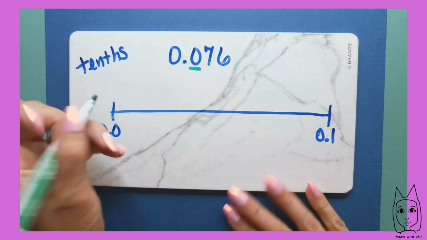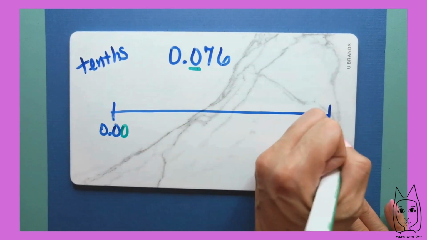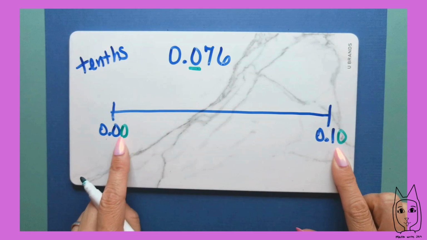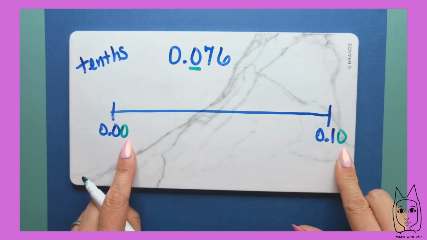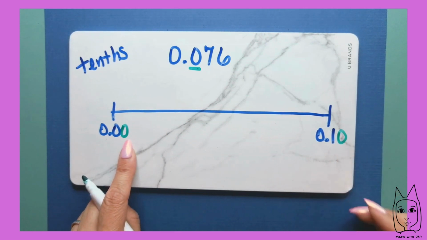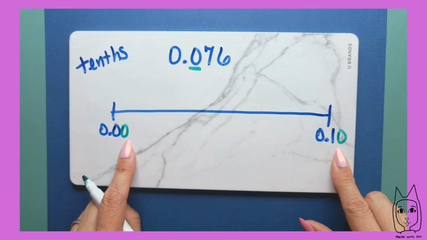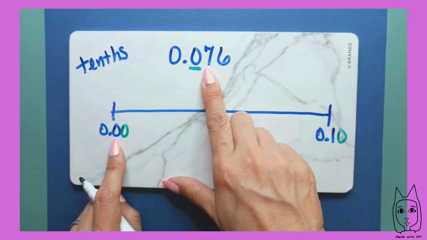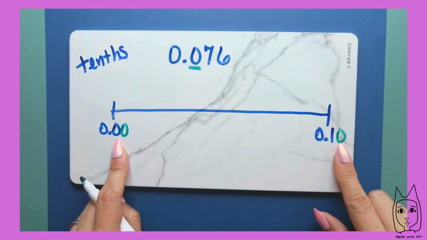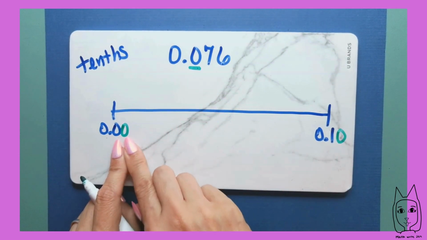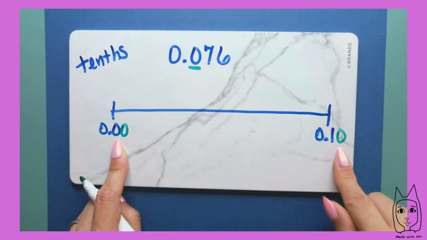So I'm going to add a 0 to the end of both of these numbers. Remember, when we add a 0 to the end of a decimal value, it's just helping us talk about that place value, but it's not changing the value of the number. Because I'm looking at hundredths, I want to make sure that my number line is talking about hundredths. I have 0 hundredths and I have 10 hundredths.